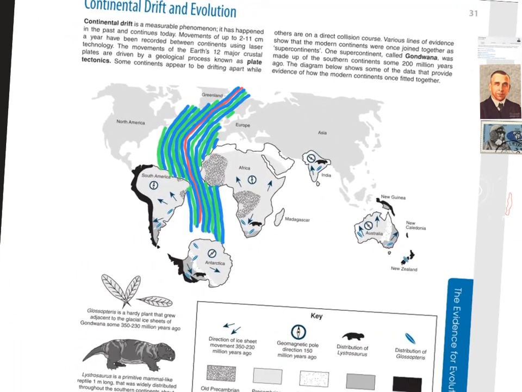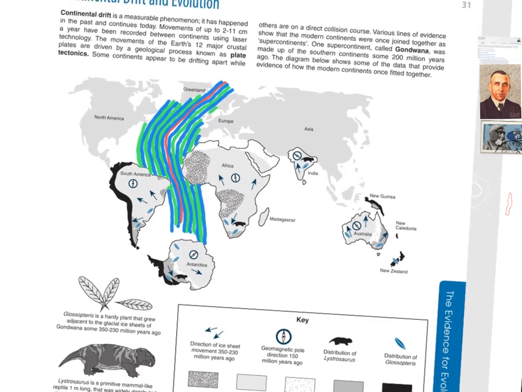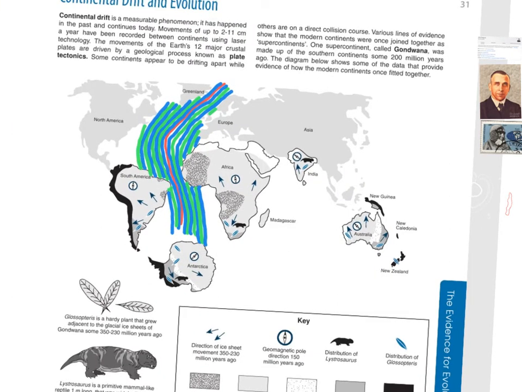So those magnetic lines suggest how they moved horizontally. Australia would have turned counterclockwise, India also counterclockwise, Africa slightly counterclockwise, Antarctica actually turned clockwise, while South America turned only slightly.